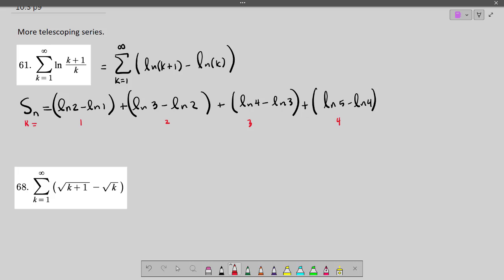Now we need to get to the last two terms like we did over there for S sub n. So we're going to have our dots. And then we have to plug in k equals n minus 1 and k equals n. And that'll give us the last two terms of S sub n. So plugging in the n minus 1 here, we're going to end up with natural log of n minus natural log of n plus 1.